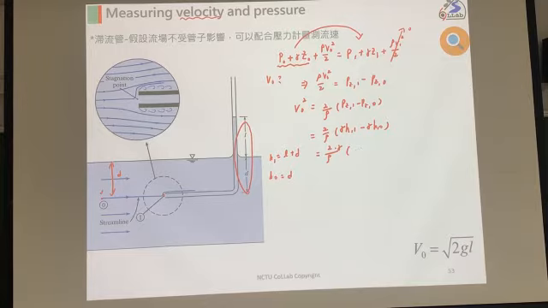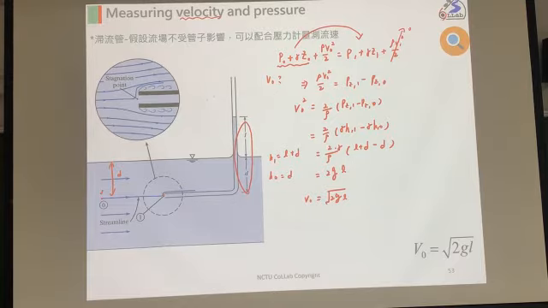Inside we only have L plus D minus D. Then we know gamma is rho g, so rho can cancel out. So here we only have 2gL. Finally, you know the velocity V0 is root 2gL.